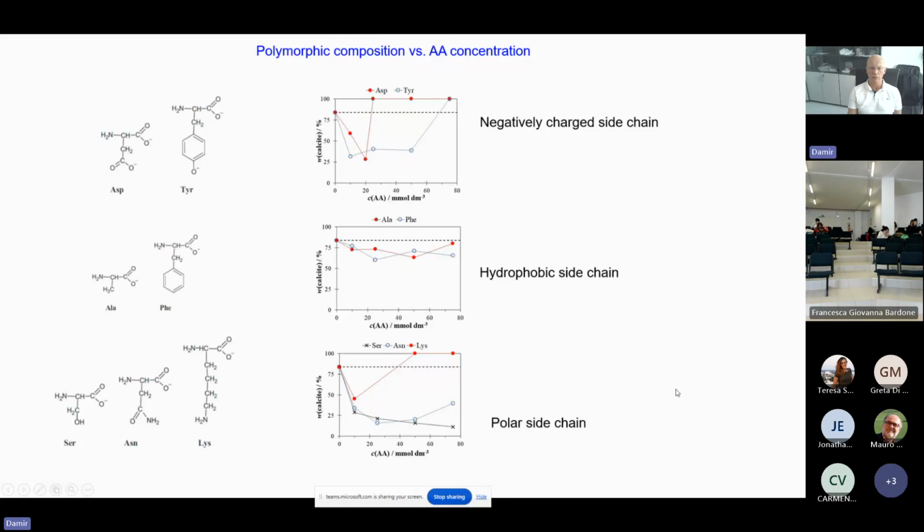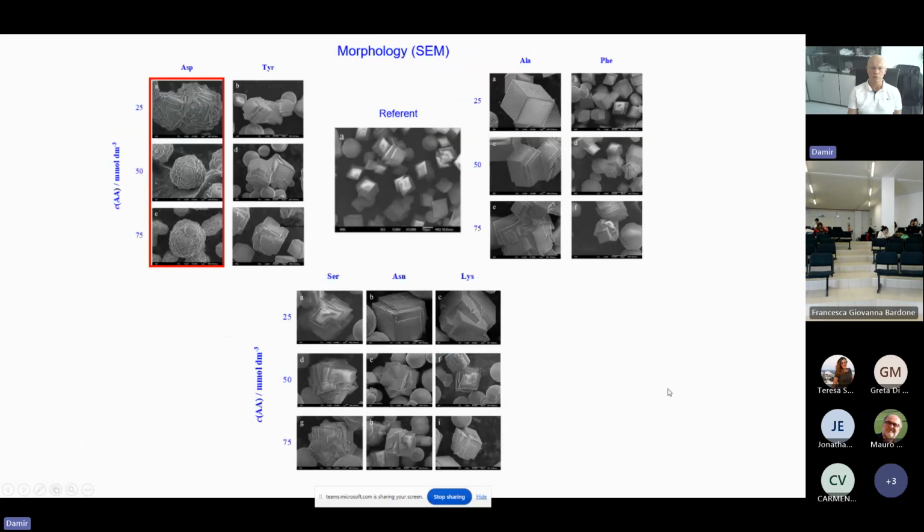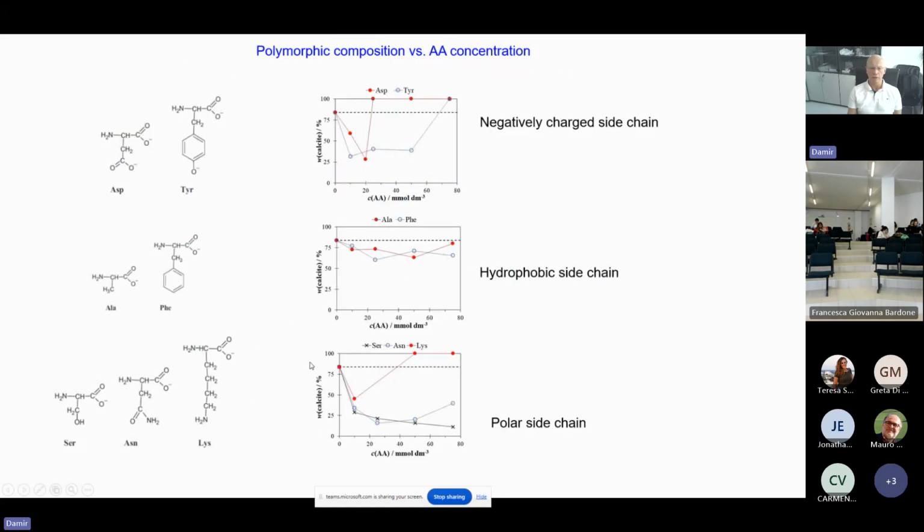Polar amino acids show a similar trend in a way that initially the content of calcite dropped, but after that it increased with increasing amino acid addition. It is most prominent in the lysine system, less prominent in serine and asparagine, but definitely there is a trend to increase additionally.